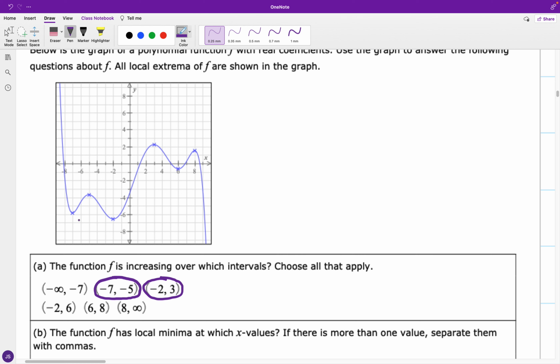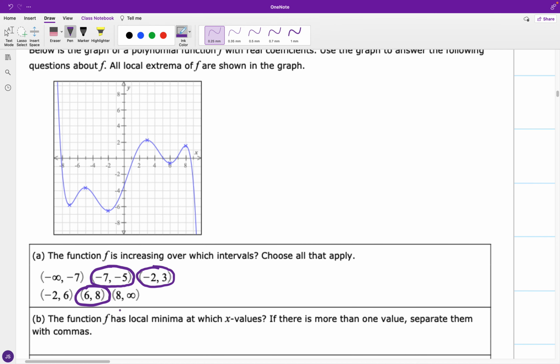Again, between negative 7 and negative 5 an increase, between negative 2 and 3 an increase only. Between 6 and 8, only an increase. And from 8 to infinity, you have just a decrease. So these will be your three intervals of increase for this given function.